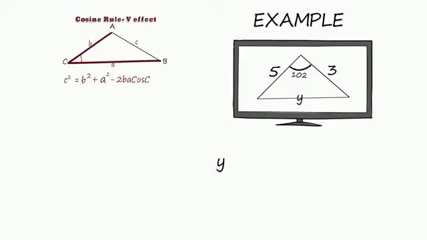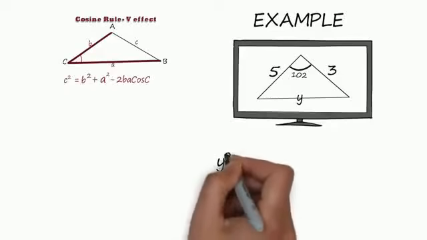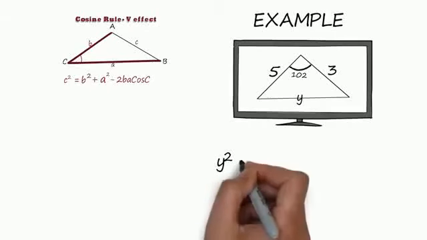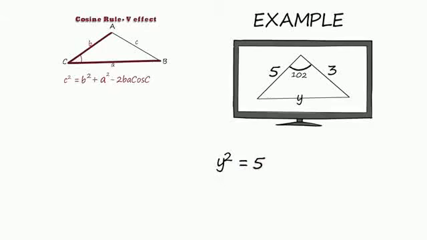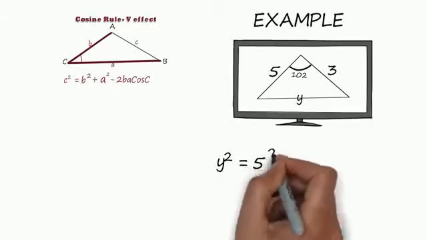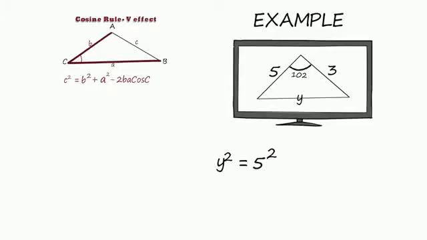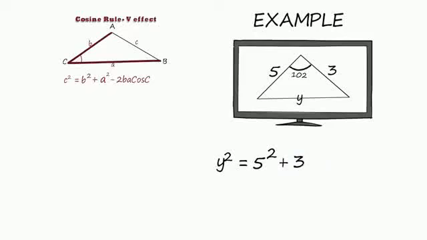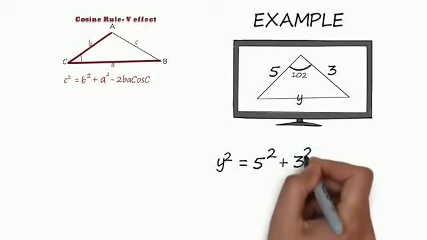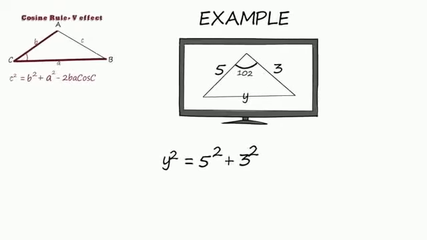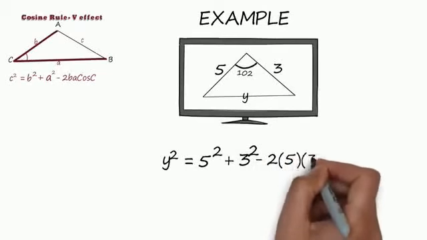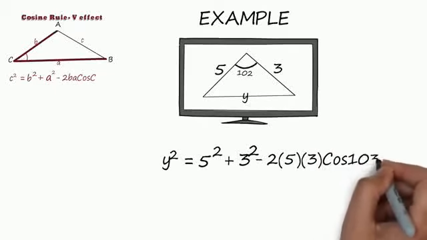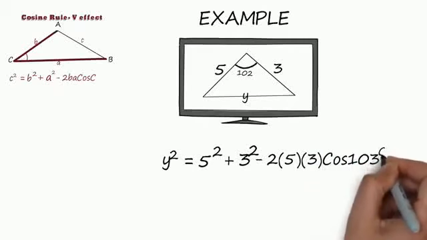We are going to say with the V effect, y squared, the one that we're looking for, is equal to side squared plus side squared, which is 5 squared plus 3 squared, that's the side, the V effect, minus 2 times 5 times 3, again the sides, cos the angle in between, which is 105 degrees, and the rest is the calculator.